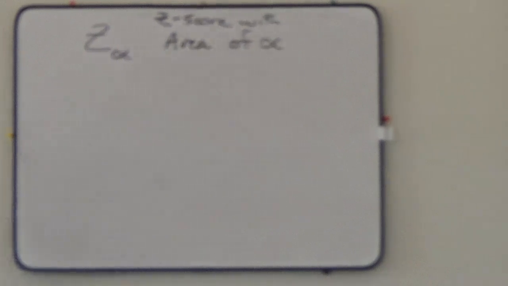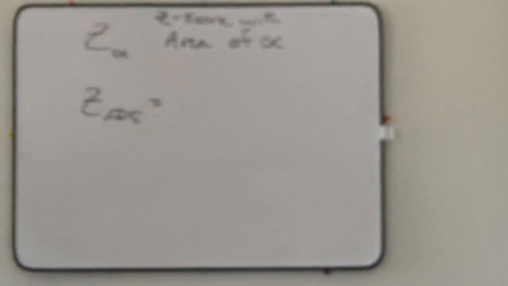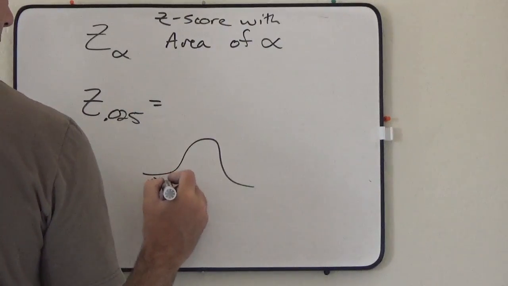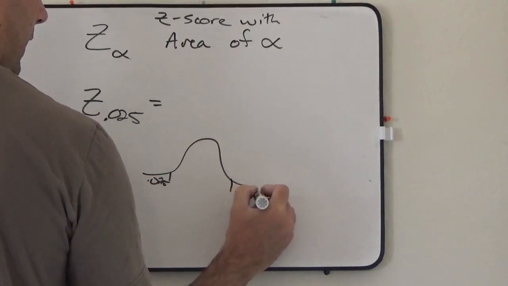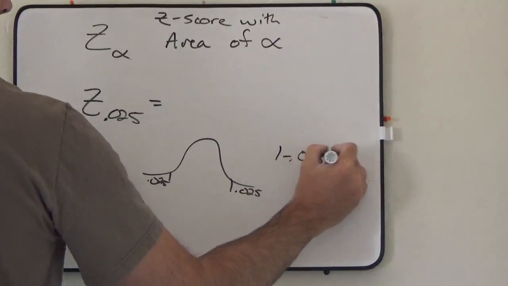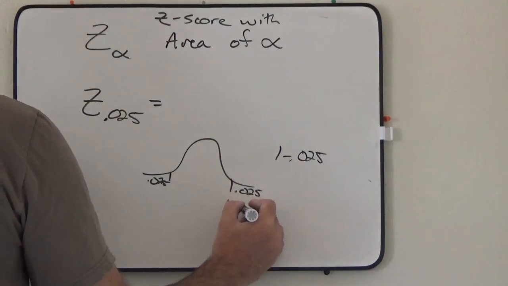So if we want to find z of 0.025, that means a z-score with an area of 0.025 to its right. Well, we already found that before. If I'm looking at my curve, this was the 0.025 to the right. You'll remember that this was 1 minus 0.025, and I found that the z-score is 1.96.